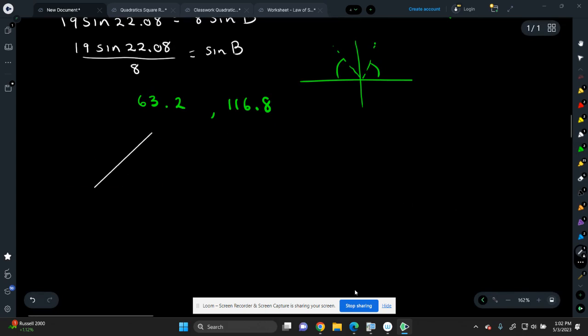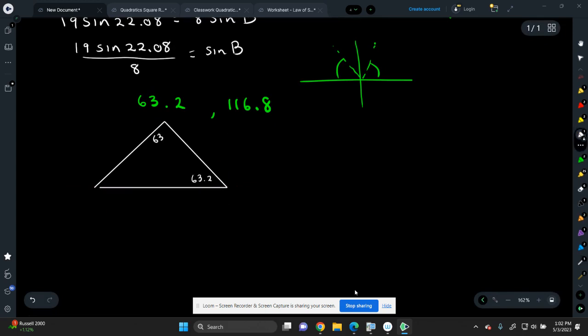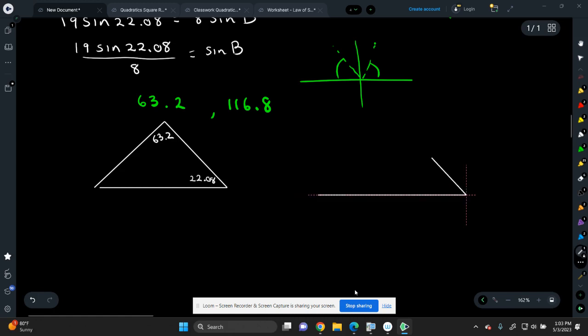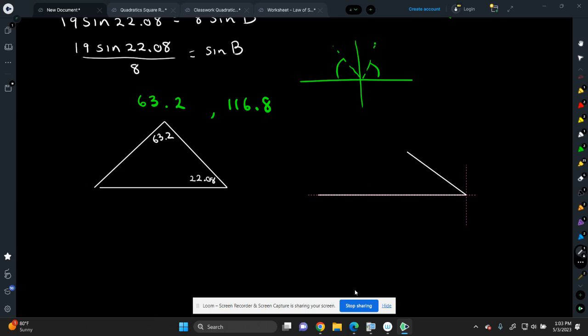We have one where this angle is 63.2, and this angle down here is 22.08. But then we have another triangle. Can I do this? Let me think. How does it work? Wait, it goes this way.